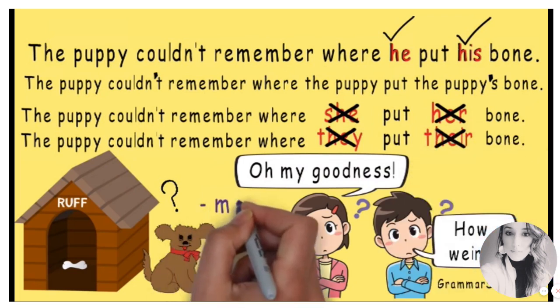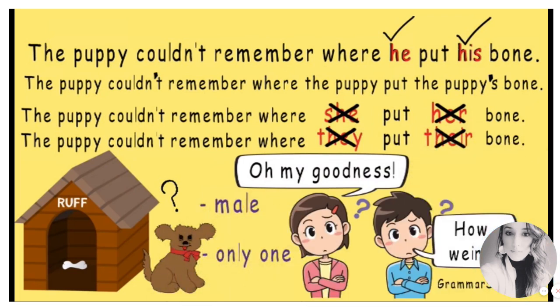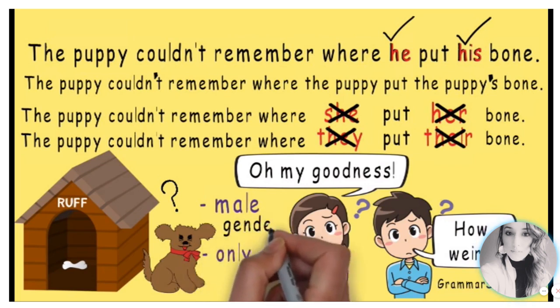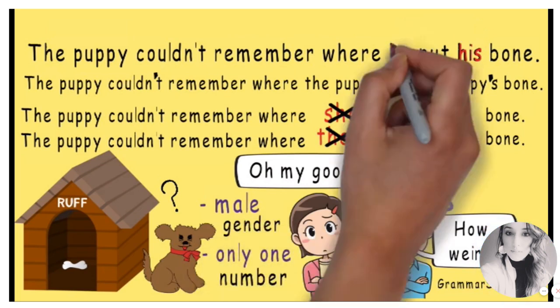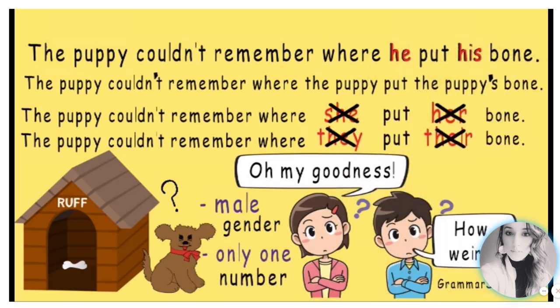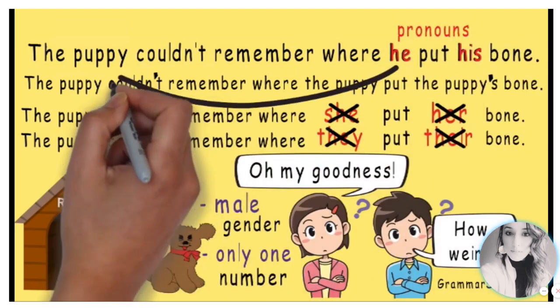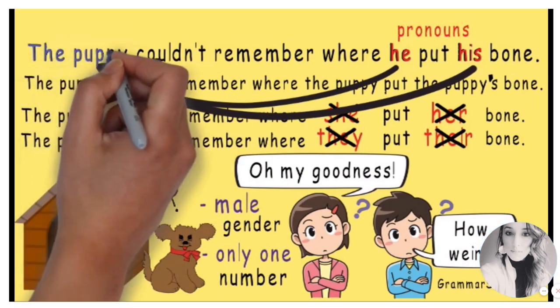Since the puppy is male and there is only one, we need to choose pronouns that agree in gender and number. He and his are singular masculine pronouns. They both refer back to the puppy. So, the puppy is the antecedent.